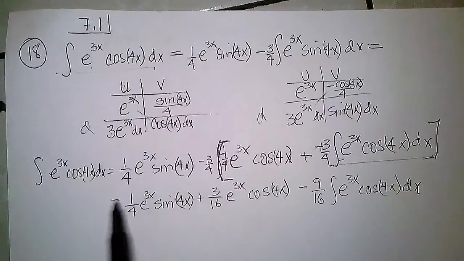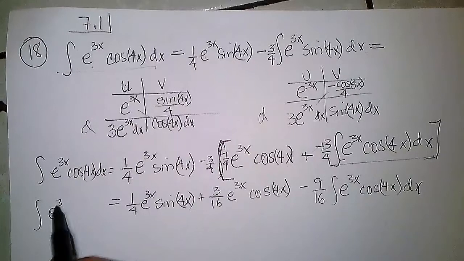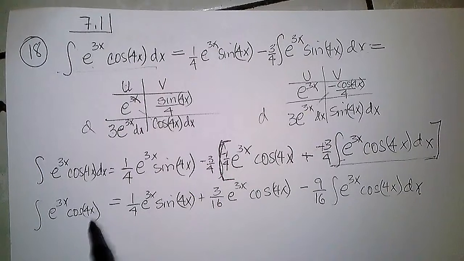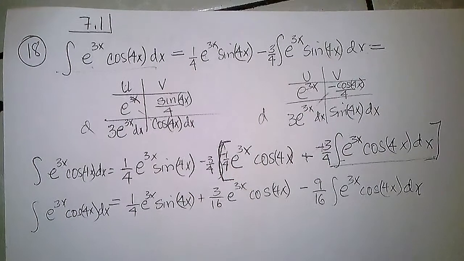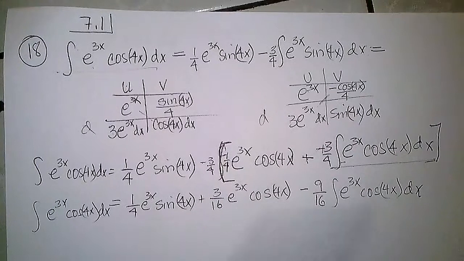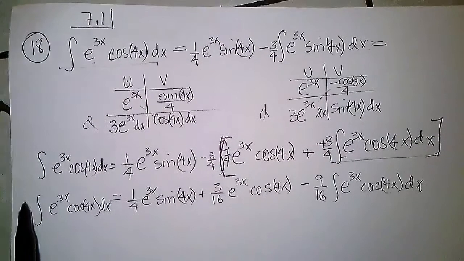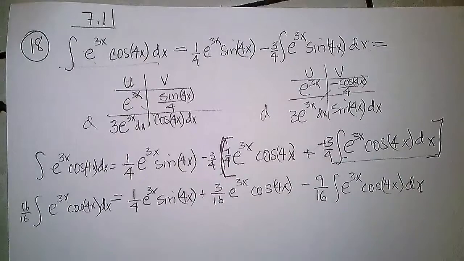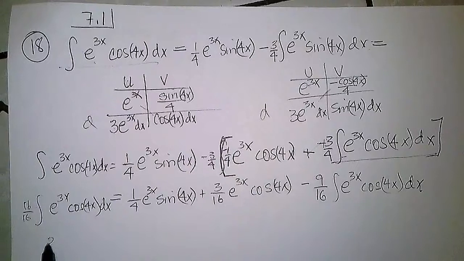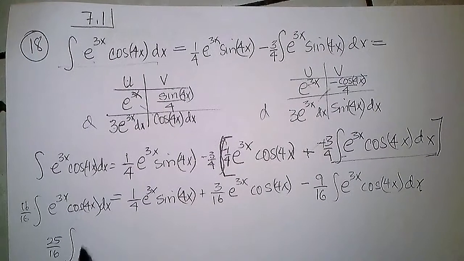And this is all equal to the integral of e to the 3x cosine 4x dx. So if I add 9/16 of this mess to this side, which has one of them, or 16/16, I would get 25/16 of what we were supposed to find.